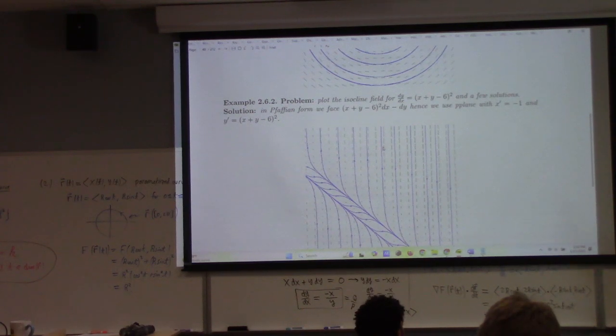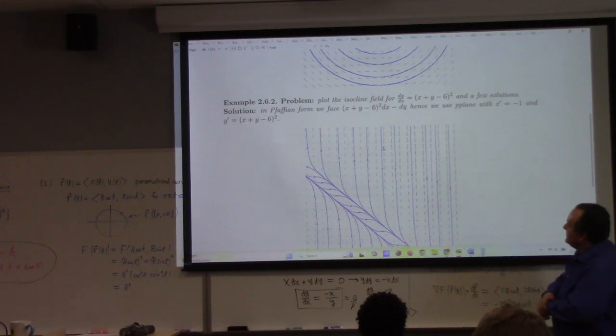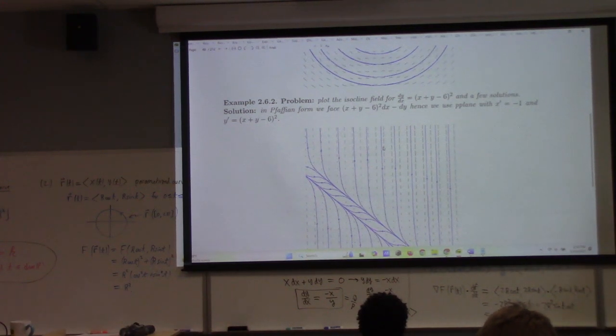Can you see from the equation where we would have slope 0? We need x plus y minus 6 equal to 0, right? So that's y equals 6 minus x. Well, I mean, it's a whole line.